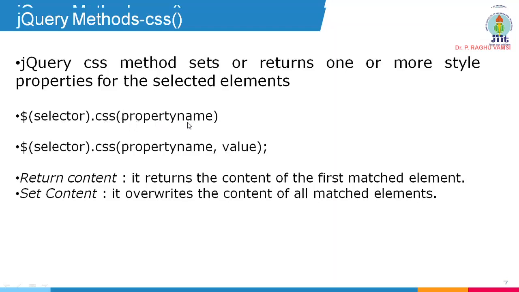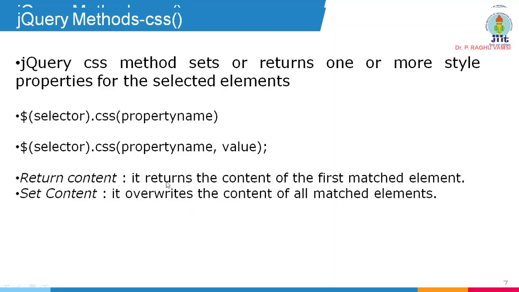Here the property name may be table width or height or horizontal space, background color or color, it may be anything. For example, on a paragraph you might have implemented a cascading style sheet. Then $paragraph dot css of property name. Whatever property name you want to write dynamically, such as background color or text color, and the corresponding value.